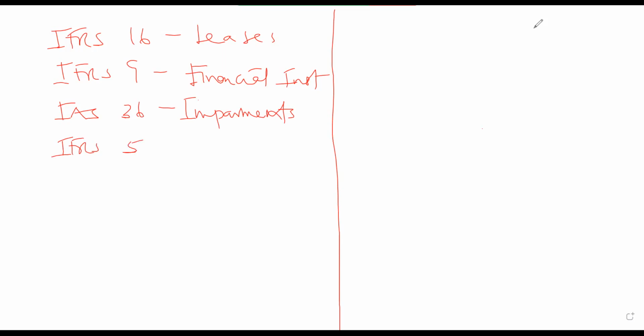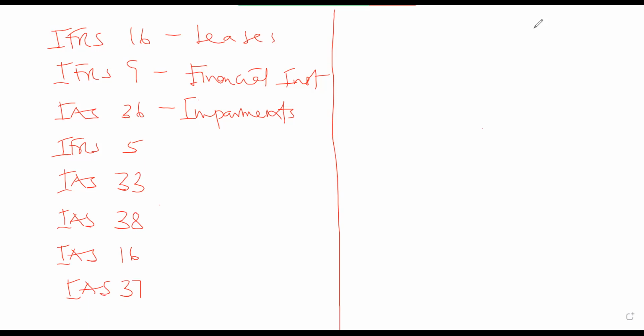What I want us to do again is maybe we just look at the major standards. So maybe next one we are going to do IAS 33, which is earnings per share. Then after earnings per share, maybe we look at 38. After 38, maybe we look at 16, or maybe we look at 37.